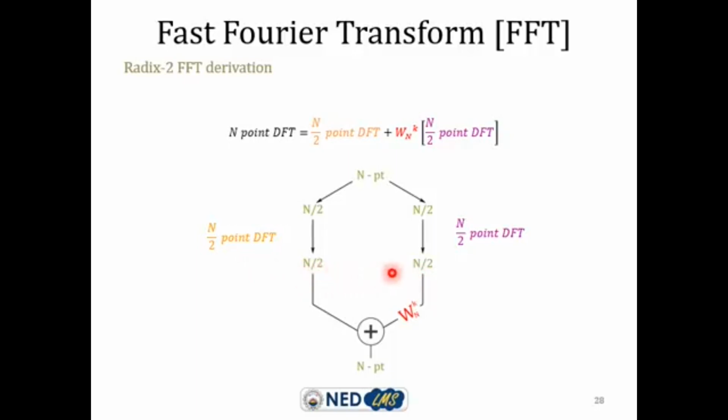Now with the help of these N by 2 point DFT outputs, we are required to reconstruct or develop the N-point DFT output. For that purpose, we have to combine these N by 2 point DFT outputs, but we are not allowed to add them directly. First N by 2 point DFT outputs will appear as they are, while the second N by 2 point DFT outputs will be multiplied with W_N^k, which are the so-called twiddle factors.